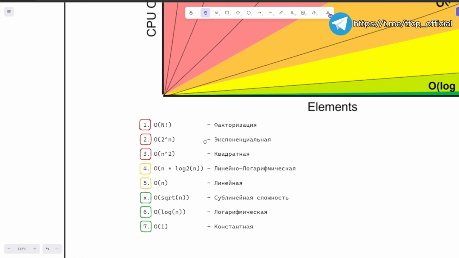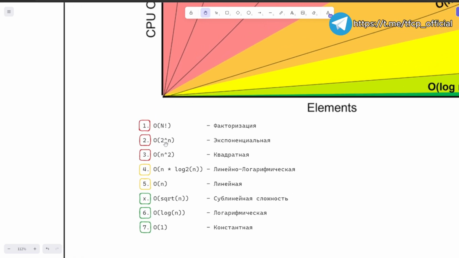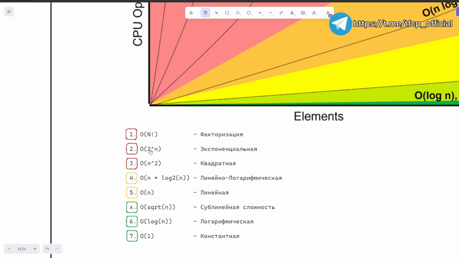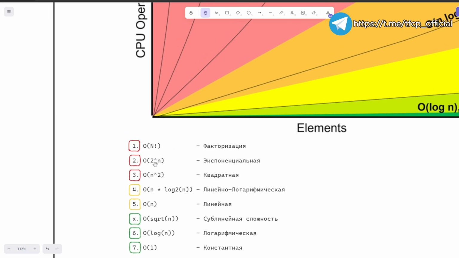The next complexity we have is O of 2 to the n, which is also called exponential, because there is an exponent, which is e to the x, and here instead of e, it is 2. They are similar in terms of structure, but e is approximately 2.7 something, while here it is just 2.